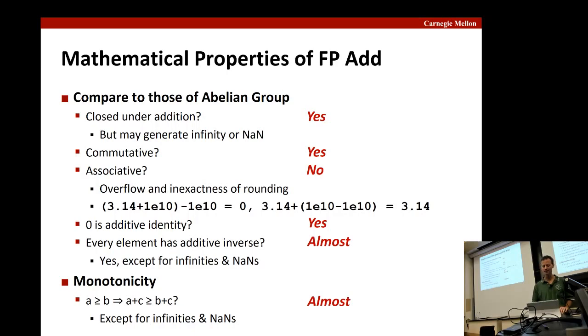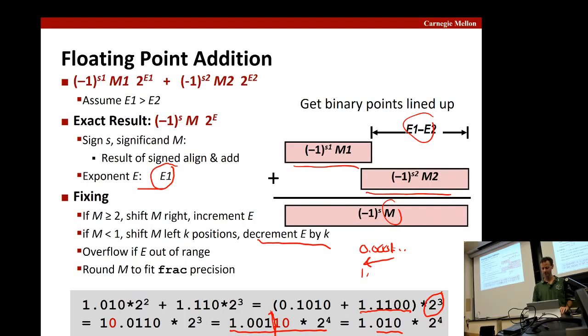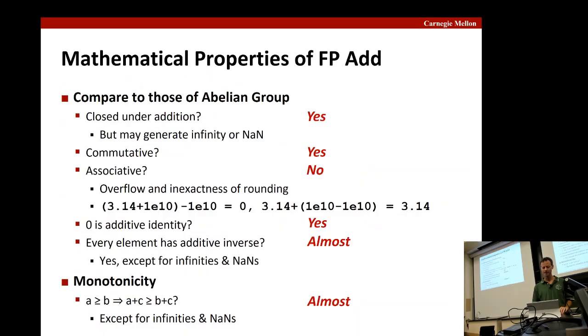So with that in mind, we just did addition. The question then is how well does this work in terms of preserving the properties that we'd like to have in addition? And the answer is pretty well, with some exceptions.